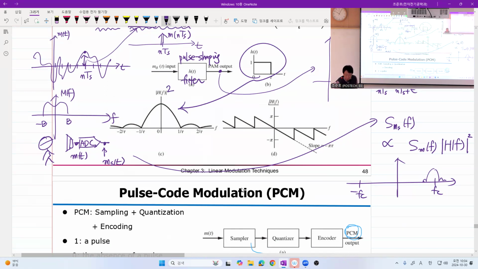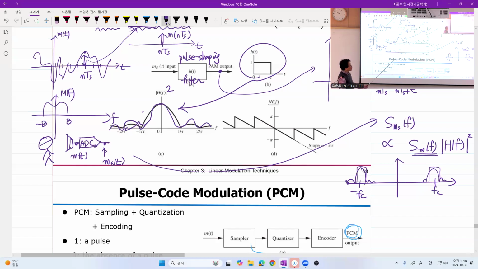If we square it, then you have some sinc square pulse like that. Please excuse my wrong scale, but anyway, you have sinc squared, and that is scaled by the spectrum of your message.